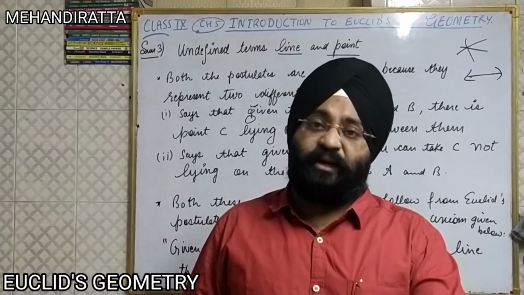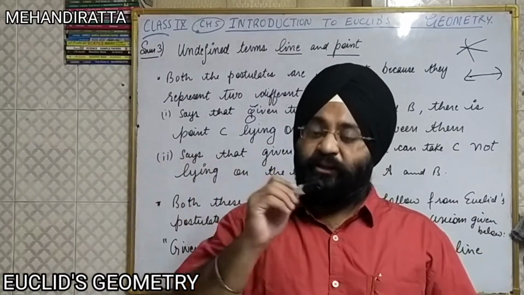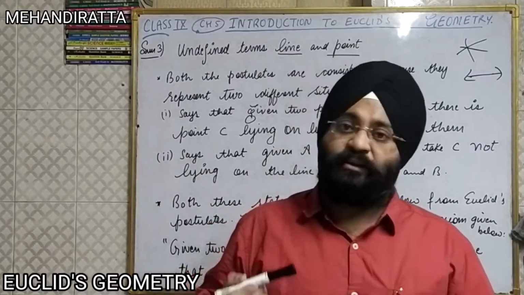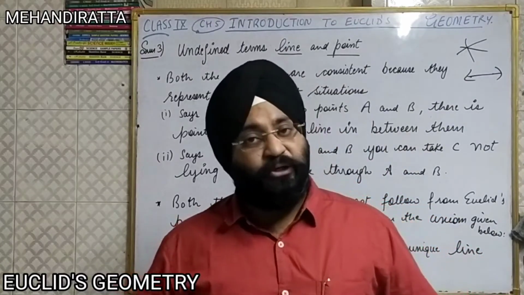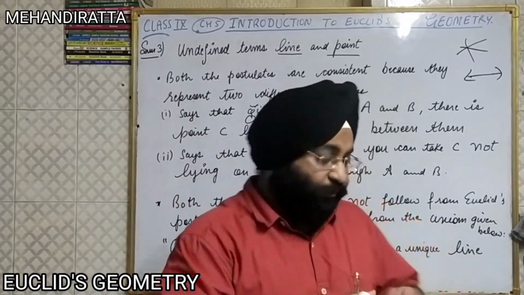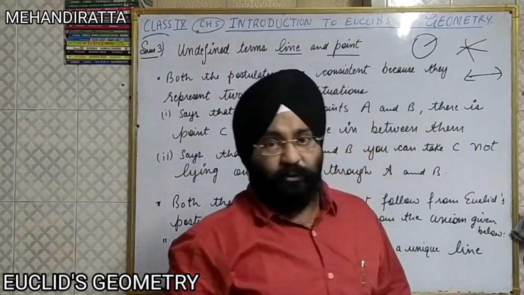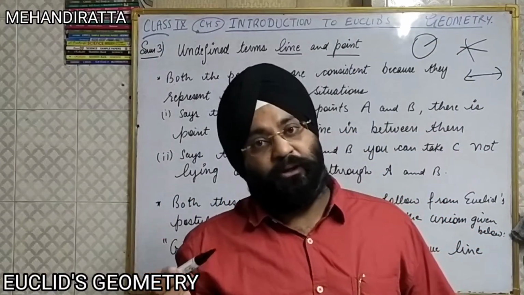Third is line segment. When we join two definite points, the line joining those two definite points is known as a line segment. Next, radius of a circle. The radius of a circle is the distance from the center to any point on the circle.